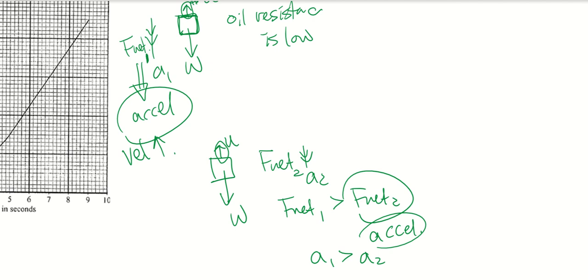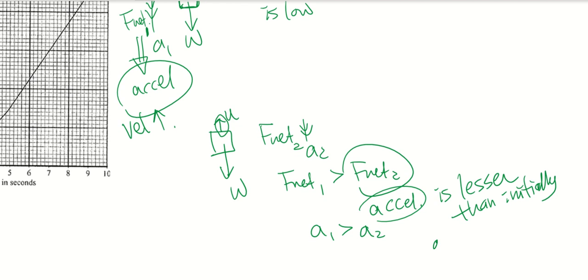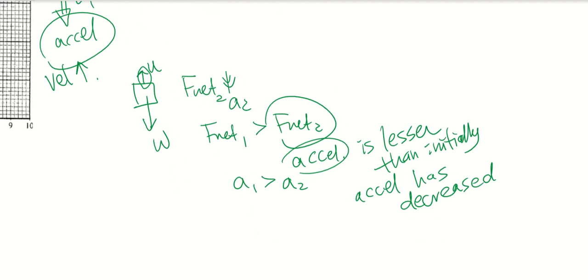Okay, acceleration is lesser than initially. That means acceleration has decreased, right? Because the F net has decreased. But if the acceleration has decreased, it doesn't mean that the velocity decreases.